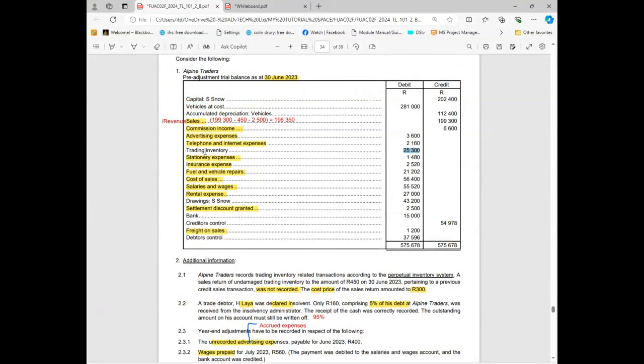Debtors, do you have debtors here? Debtors control, sir. Yes, I think we do have. You can even check on my screen here. I have the last amount.